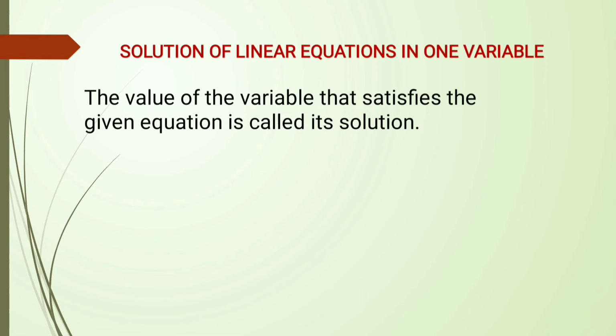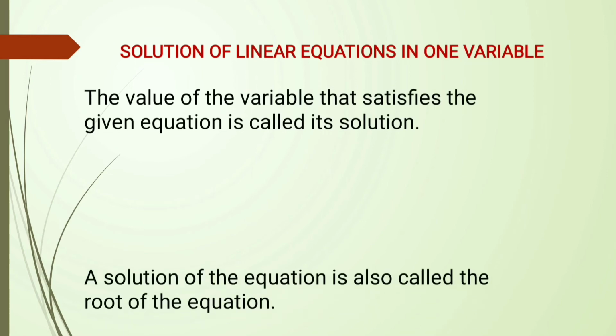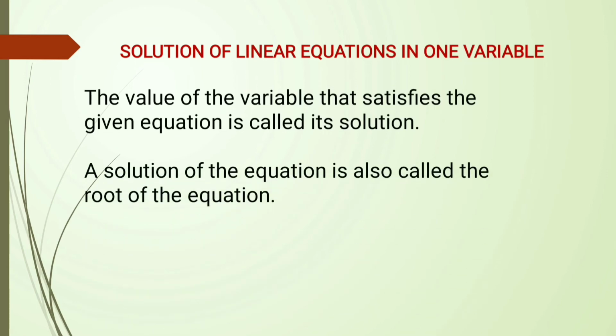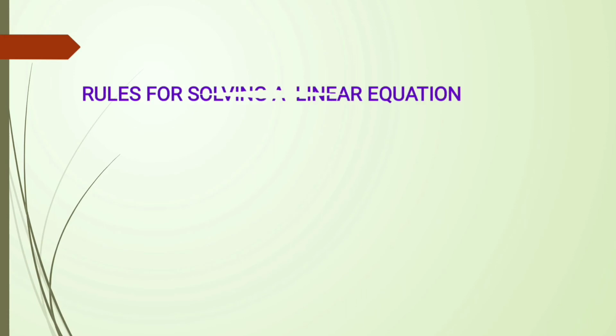In other words, the value which, when substituted for the variable, makes the equation a true statement is called the solution of the equation. A solution of the equation is also called the root of the equation. Understood?